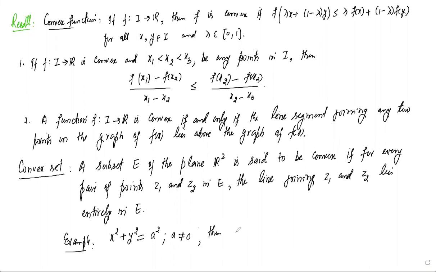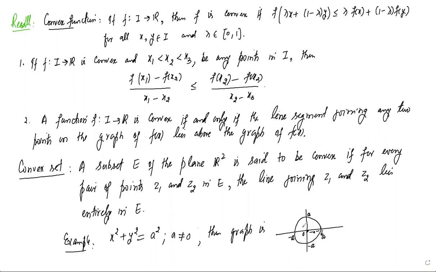The graph is a circle in R square with radius a and centered at the origin. So this is the origin and this is the distance a. This is the point A on the x-axis, and this is the point minus A on the x-axis. This is the point A on the y-axis, and this is the point minus A on the y-axis.